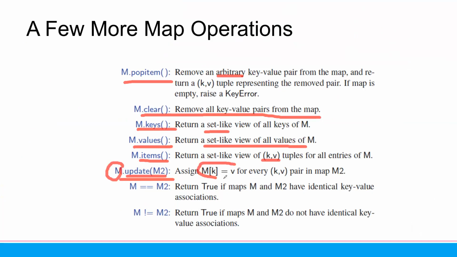So the m[k] equal to v will now be updated with m2. m == m2 will return true if the maps m and m2 have identical key-value associations. And m != m2 will be true if they do not have identical key-value relationships.